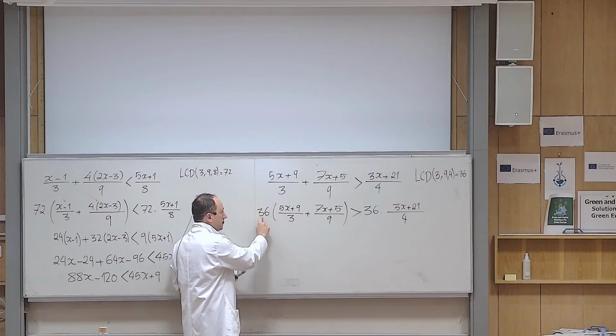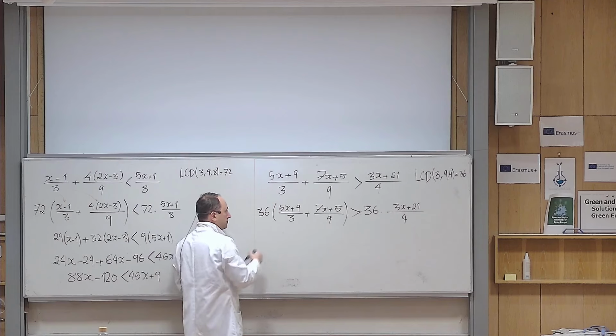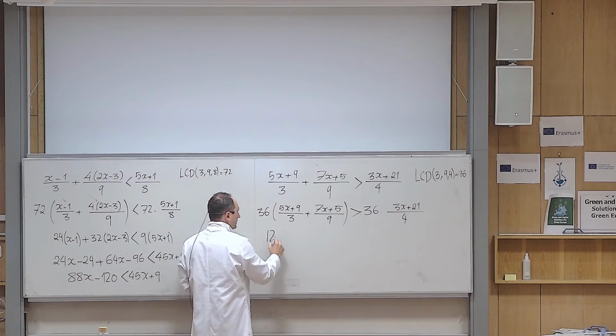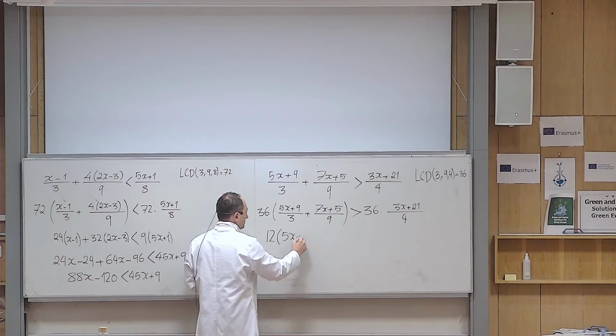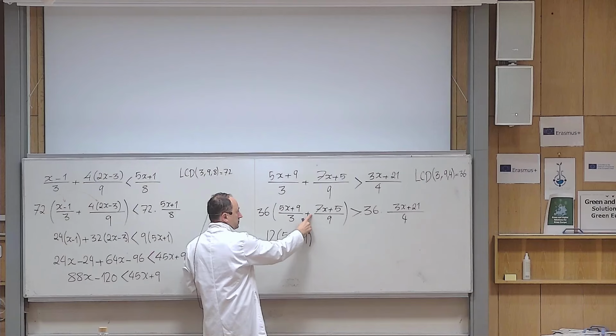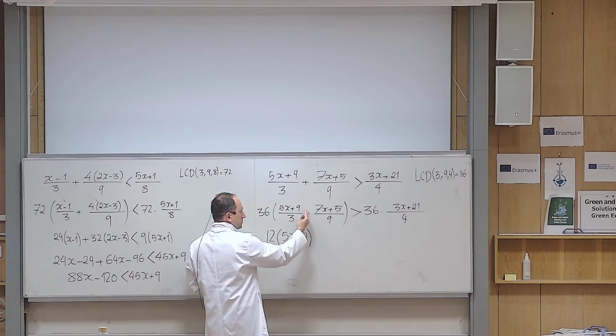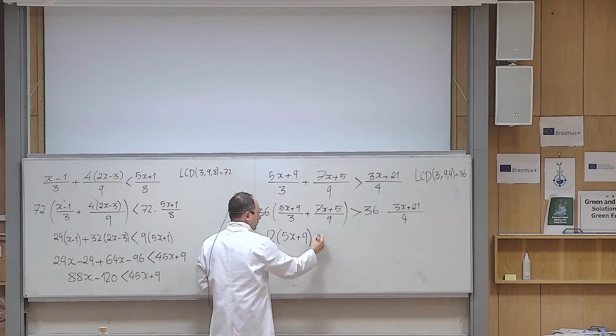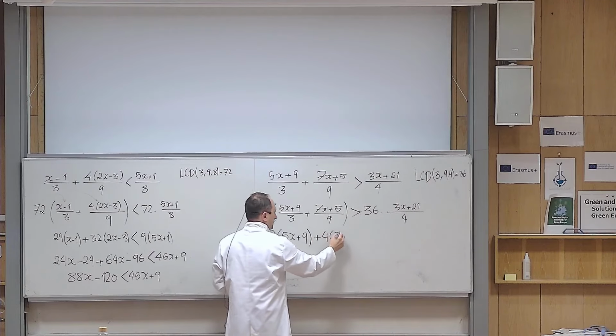So imagine that 36 is now here, 3 and 36 are gone, 12 is left, and 12 should be multiplied by the numerator. And when you multiply, imagine 36 is here, 9 and 36 gives 4, and then 4 will be multiplied into the numerator, yes?